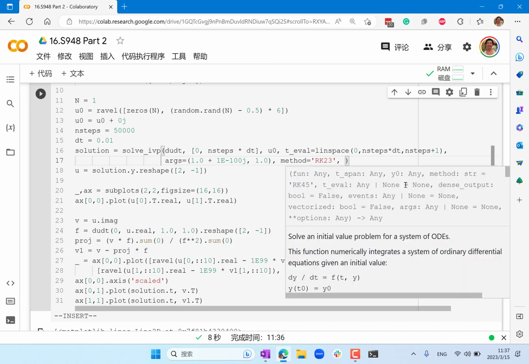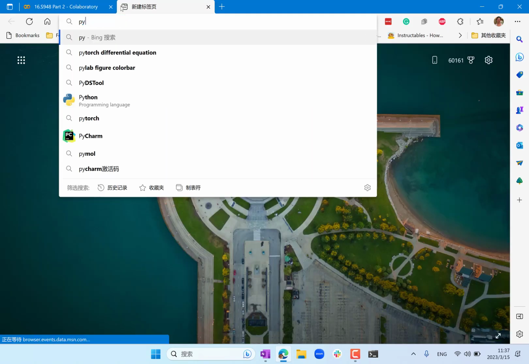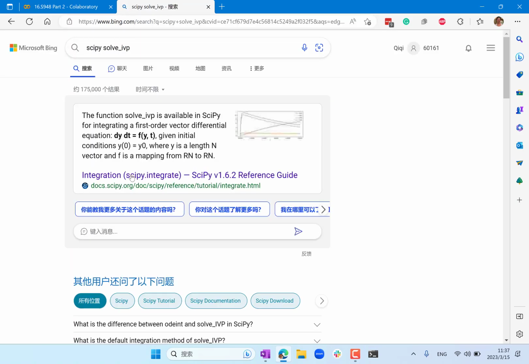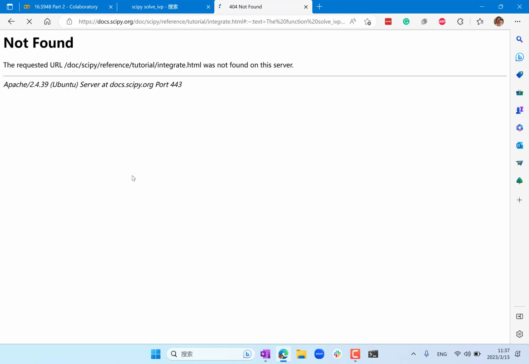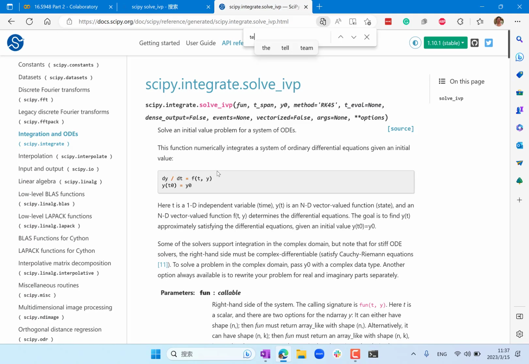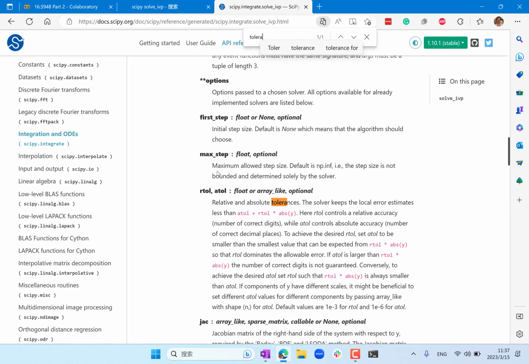Okay, options for solve IVP. So we can specify a lower tolerance on the solution, right, so atol.